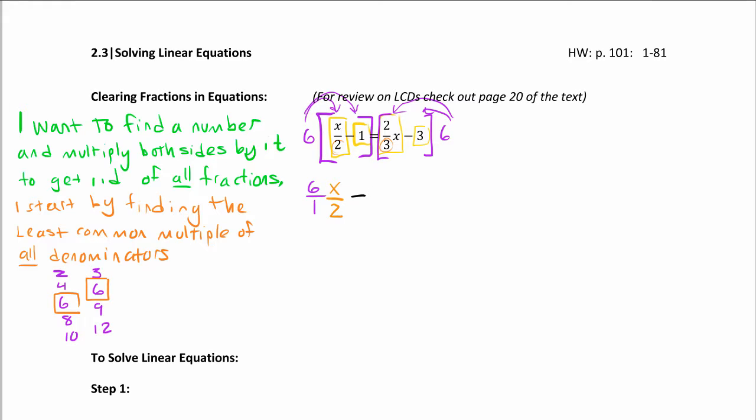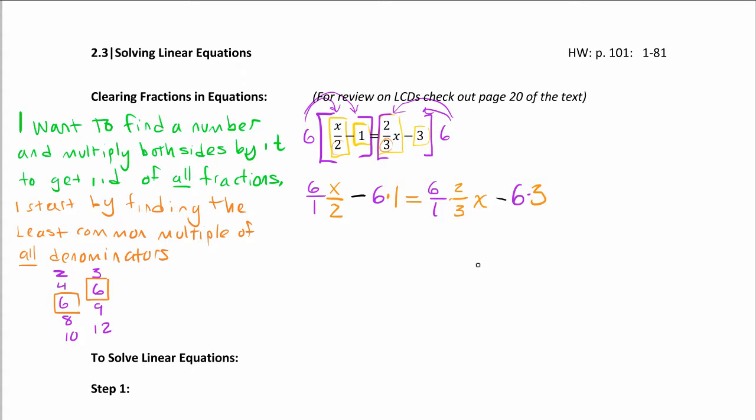There's no reason for me to think of 6 as a fraction, so I'm just going to think of it as 6 times 1. Then that is equal to, over here, that 6 goes to both of these terms, so I have 6 over 1 times 2/3 x, minus the 6 times 3.